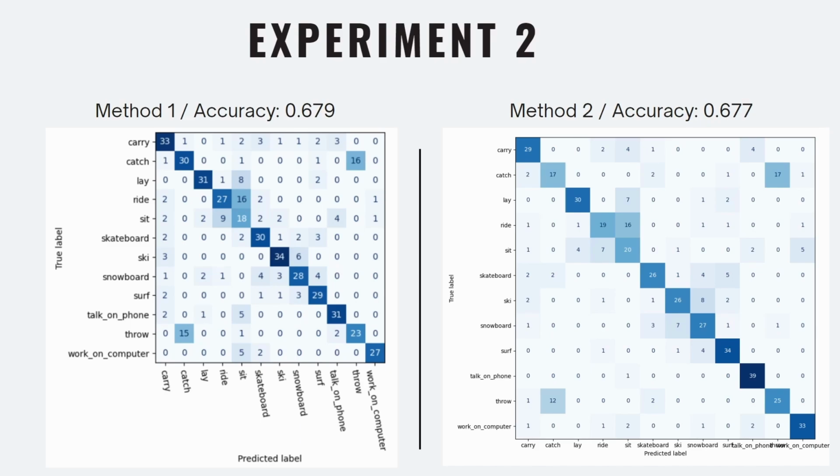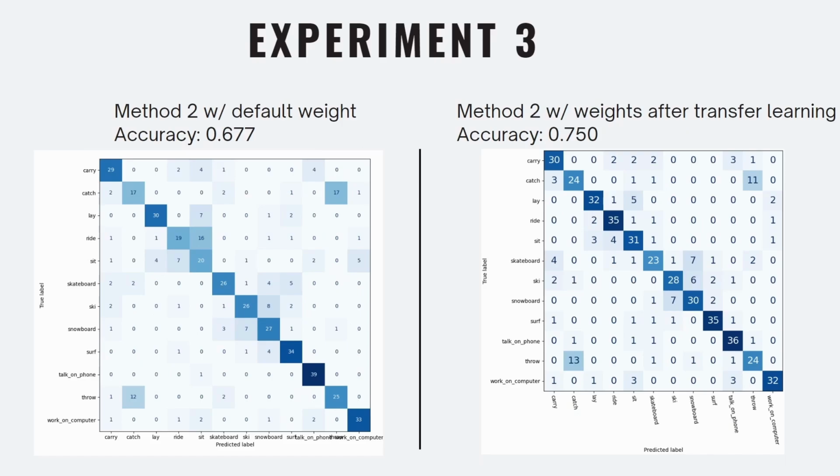We can see that method 1 still slightly outperforms method 2. We think the reason is that method 2 uses AlexNet default parameters; however, the parameter distribution might not correspond to the distribution of our own dataset.